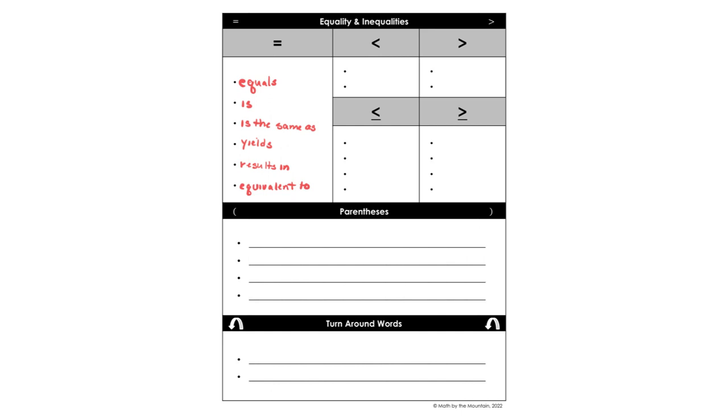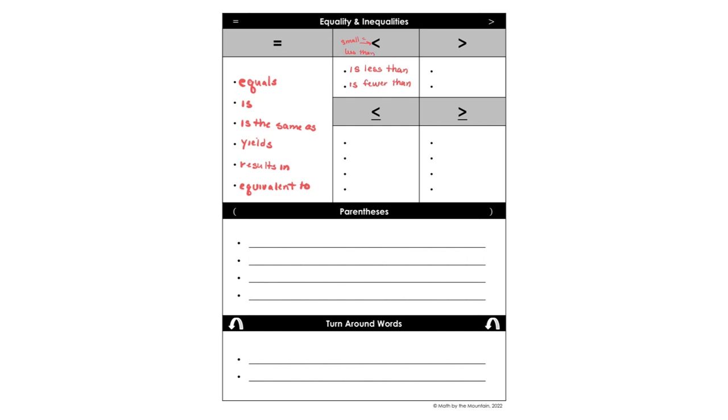The less than sign is read as less than, or is fewer than. And you know it's the less than sign because you read from left to right, and the small end means less than.